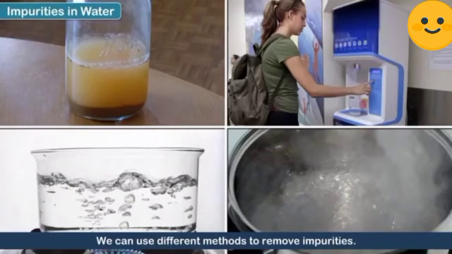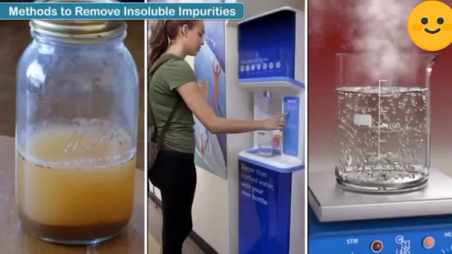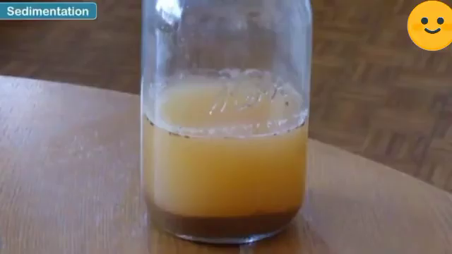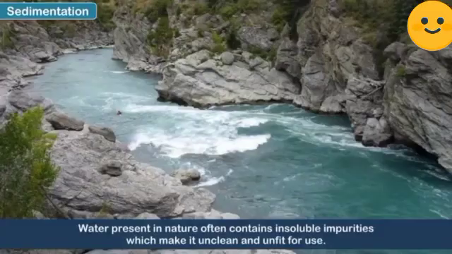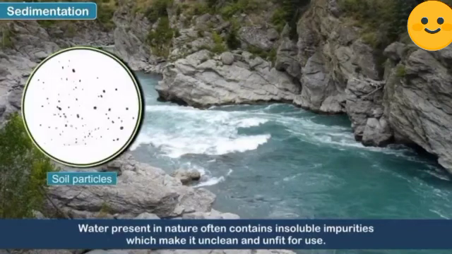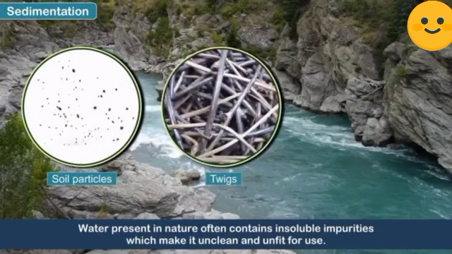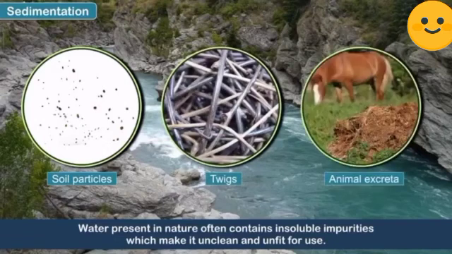We can use different methods to remove impurities. Methods to remove insoluble impurities. Sedimentation. Water present in nature often contains insoluble impurities which make it unclean and unfit for use.